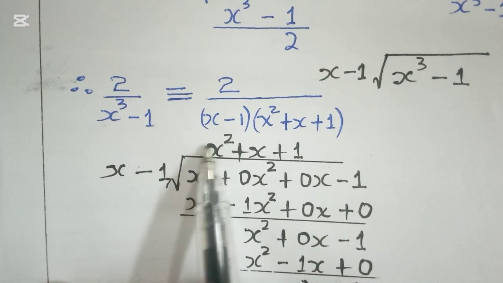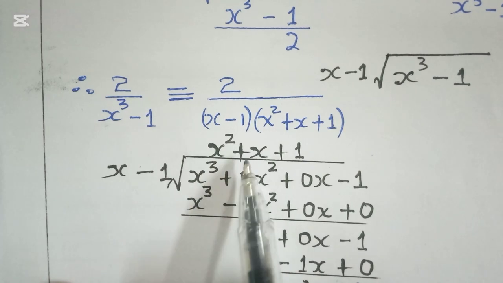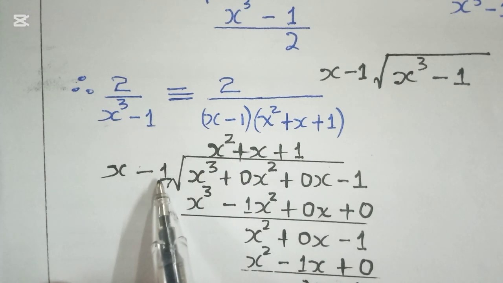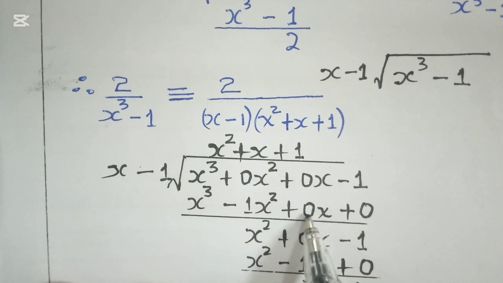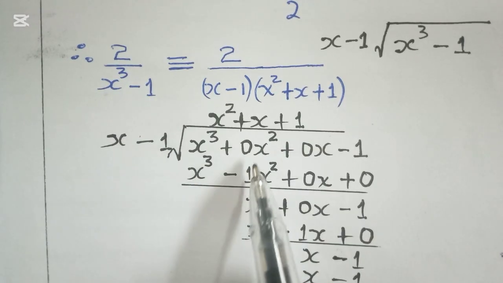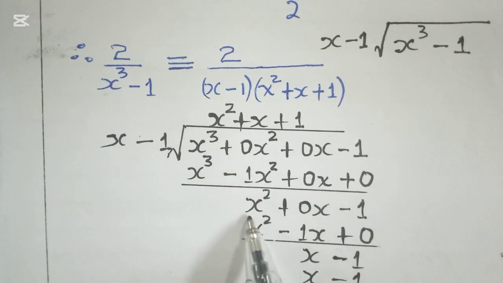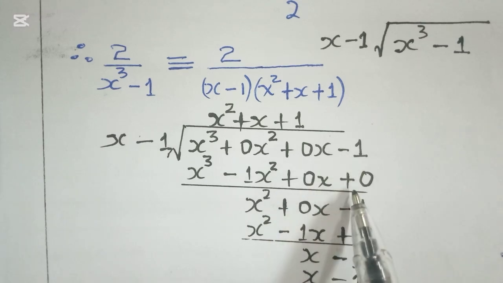The first thing you can multiply is x squared. You get x cubed there. Then x squared multiplied by negative 1, you get negative 1x squared. Then the others will go, they are going to be 0. So when we now take away, 0 minus 1 will give us 1. This is 0 minus 1 minus 0, which will give us minus 1.